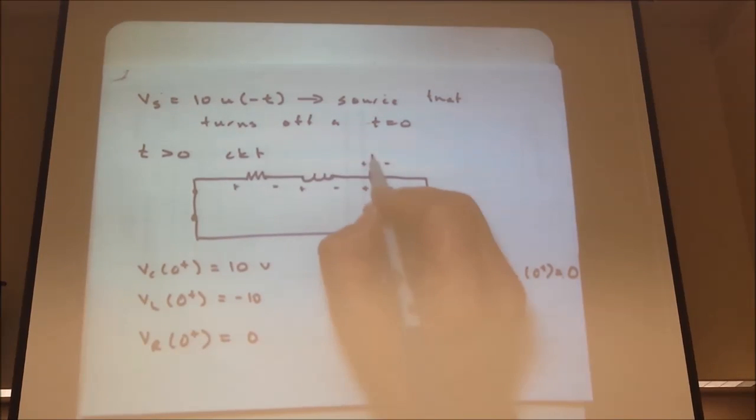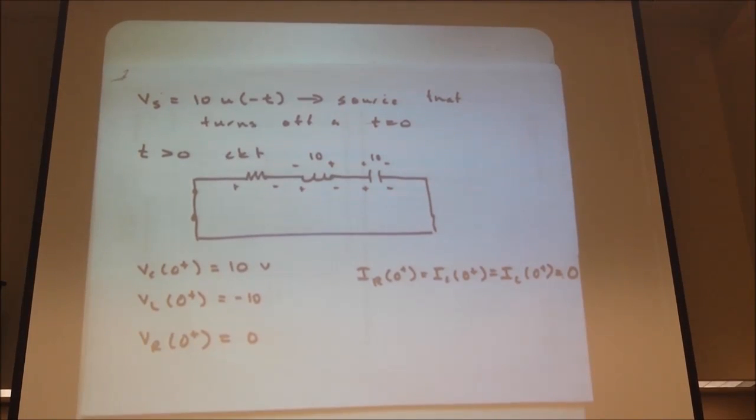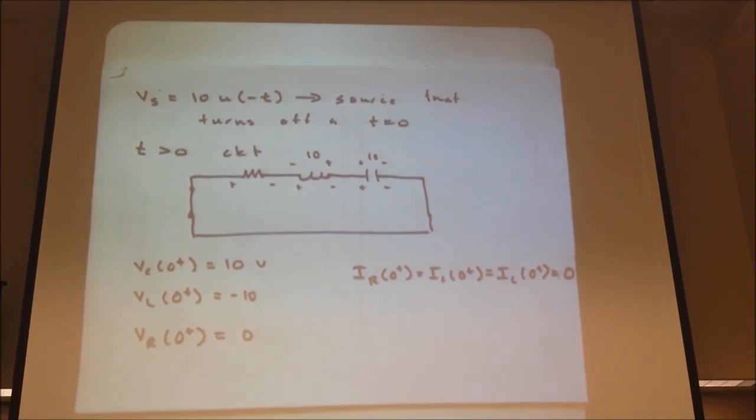So if this is plus minus 10, this is minus plus 10, right when it shuts off. This is the t equals 0 plus question. So that's what we're looking at. Time equals 0 plus. So, things to pay attention to. That's the voltage at t equals 0 plus. Pay attention to how the circuit behaves.